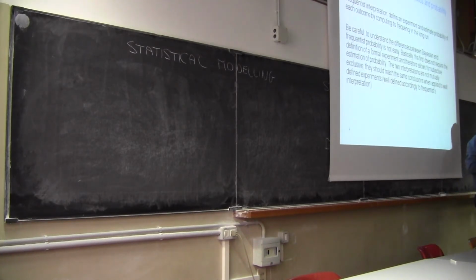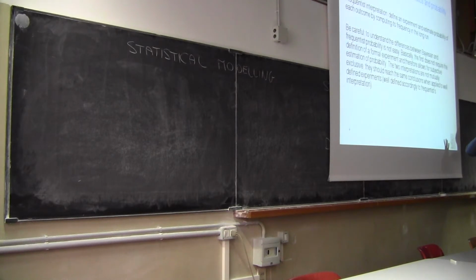Like I did for the floods of the Po River. I have 100 years of data, I have 3 occurrences of river flows greater than 12,000 cubic meters per second, and then I conclude that the frequency of occurrence is 3 over 100 years. This is the frequentist way of computing probability.